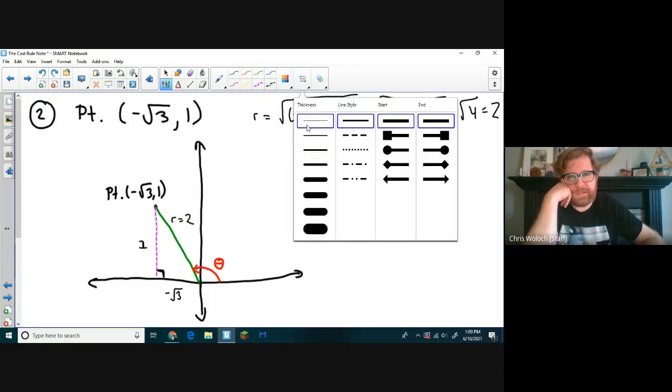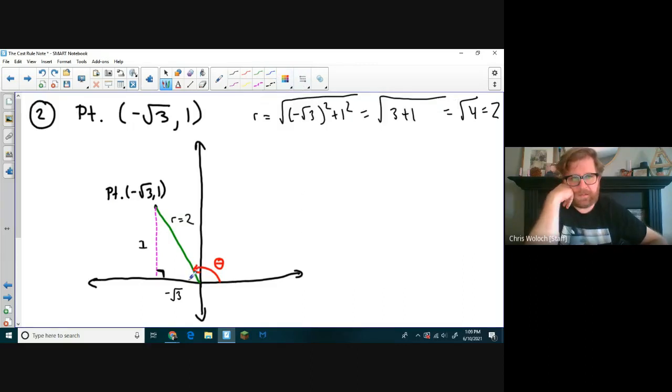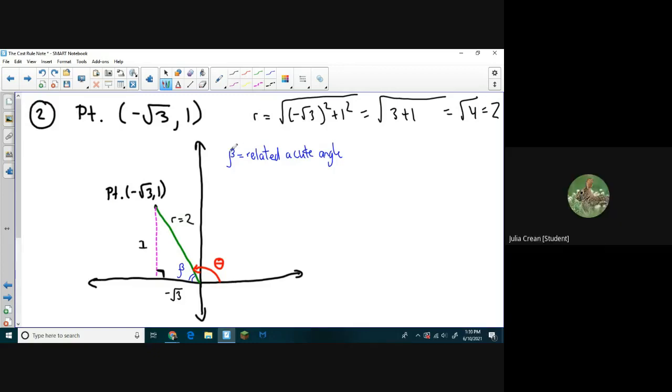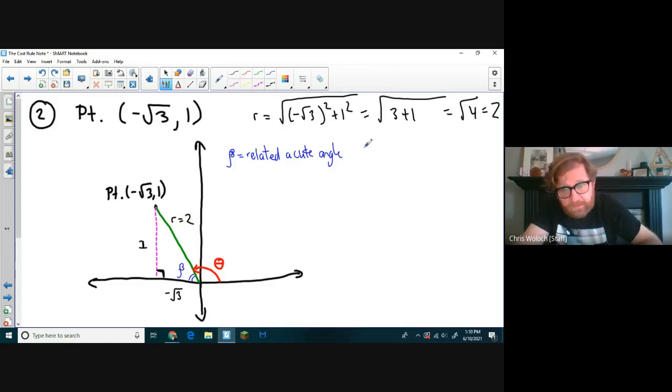The one new thing is this angle in here. I'm going to call it beta, and beta is the related acute angle. Anybody want to guess what beta is? Anyone out there listening? 30. Yeah, thank you. Amazing.